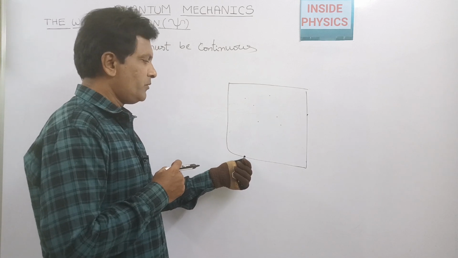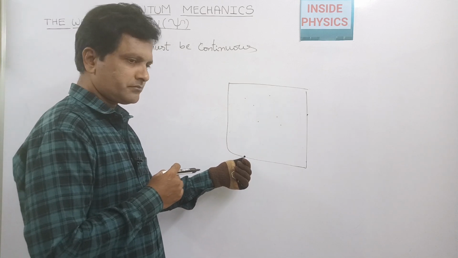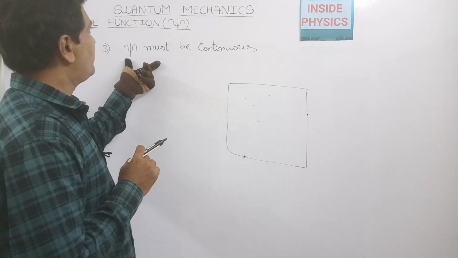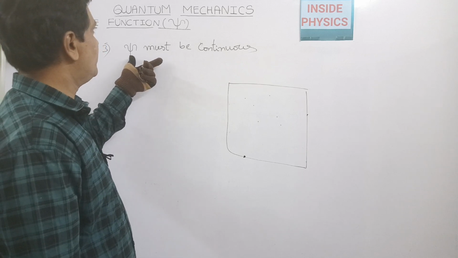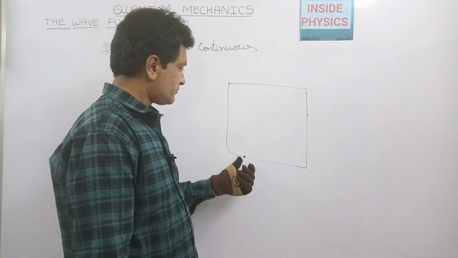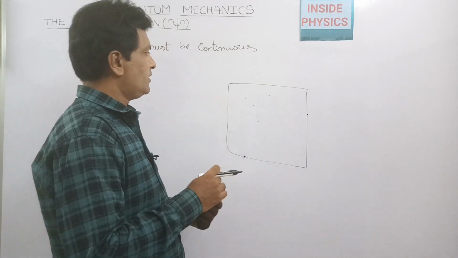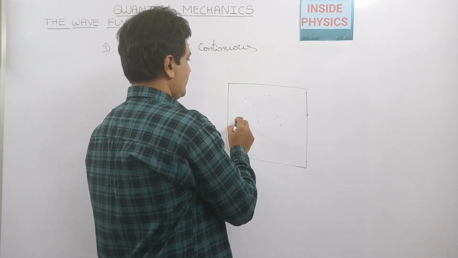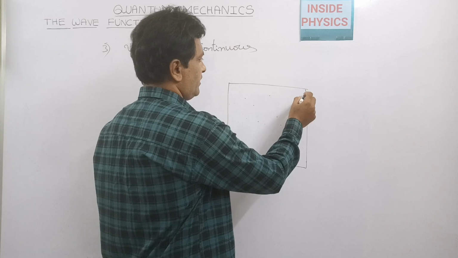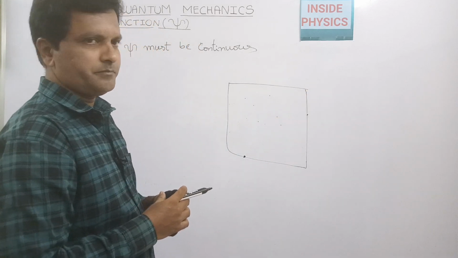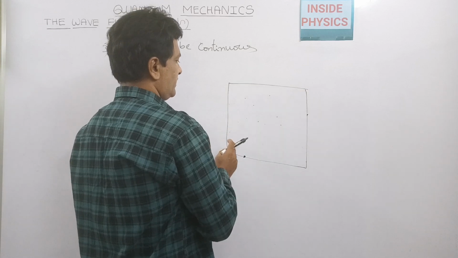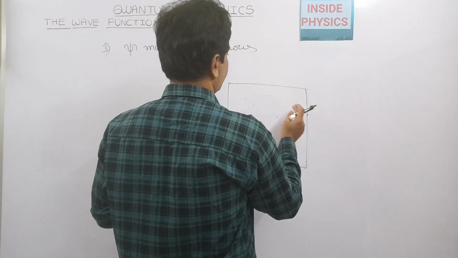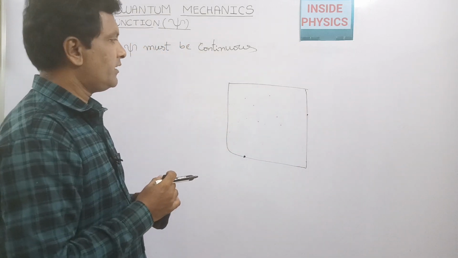Then the probability would take a zero value, and the significance of the psi function would become impractical. So psi must be continuous everywhere, even inside the space and at the boundaries where the potential of the particle changes, because the particle will be continuously moving to every position.